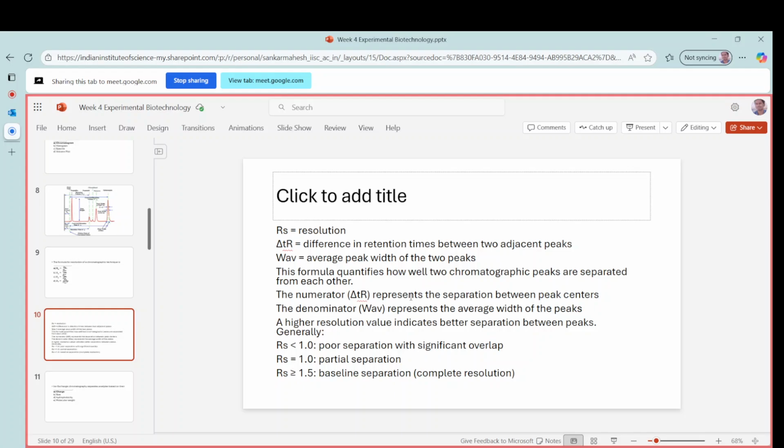This tells us if the two peaks are merging or not. The numerator tells us how much the peak centers are separated, and the denominator tells us the width of the peak. If this resolution is less than 1, it is poor. If it is equal to 1, there is partial separation. If it is greater than 1.5, then there is baseline separation, which is complete resolution.